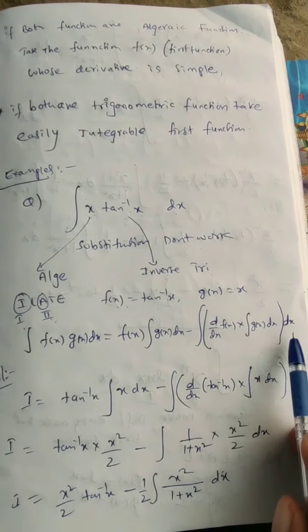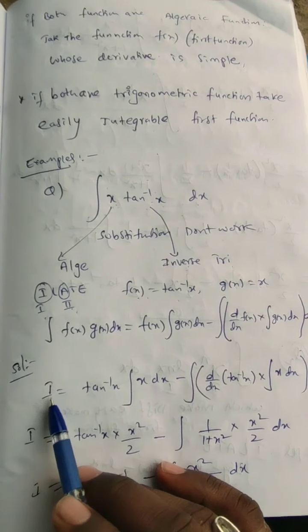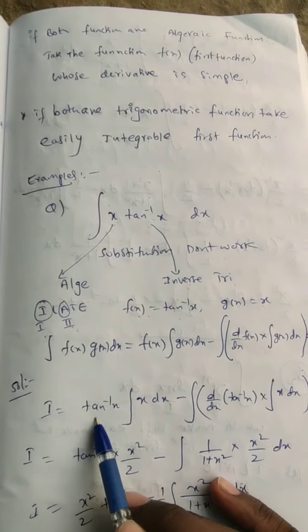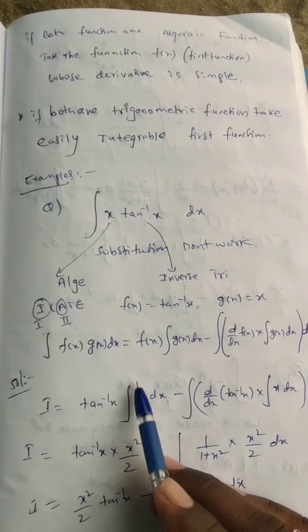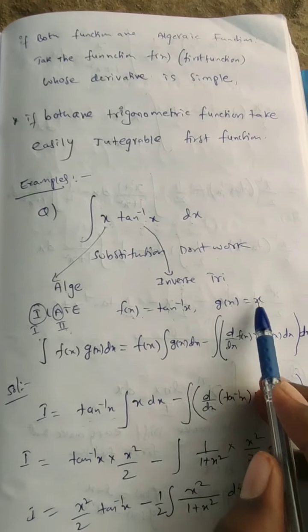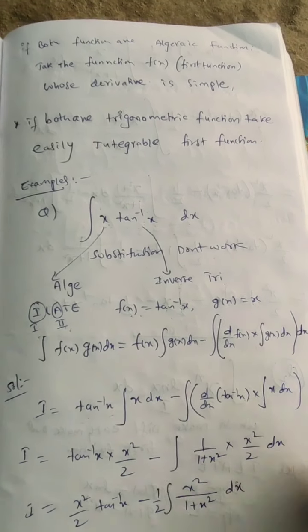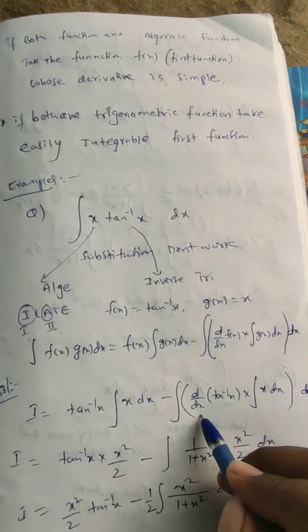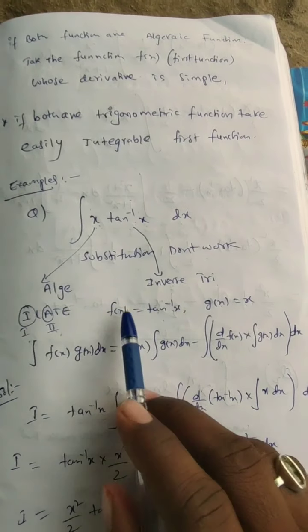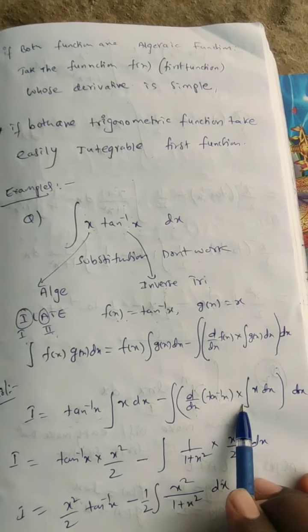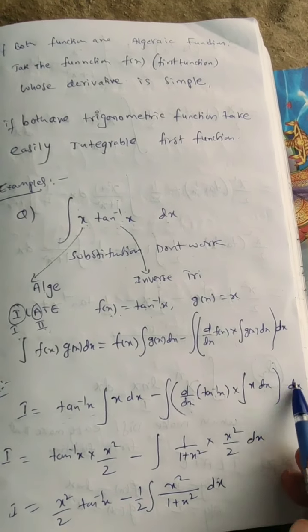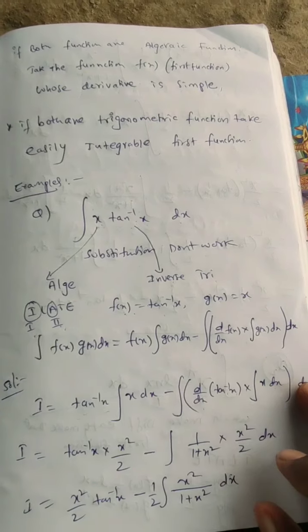Now using this formula, I is equal to: the first function outside, tan inverse x, and the integration of the second function, x dx, minus the integration symbol, then d by dx of the first function into the integration of the second function, whole dx. This is the way to write.